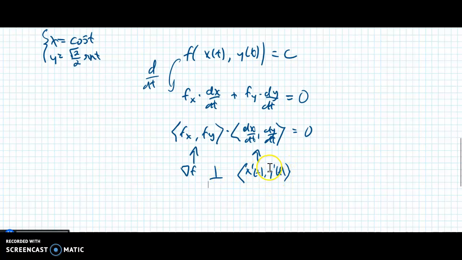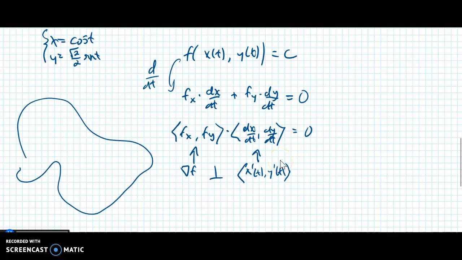So then the question is, what is this? Well, if I have some general contour level curve like this, right? If I'm out at this spot, the prime, this guy right here, is parallel to the motion of the curve. So this would be x prime of t, comma, y prime of t. It would be tangent, right?